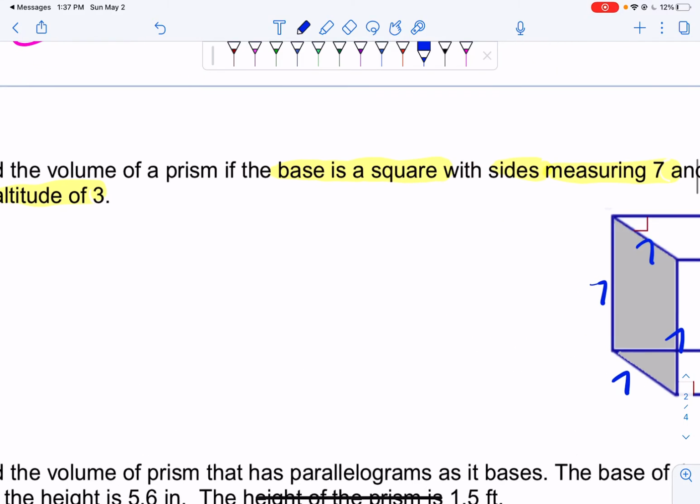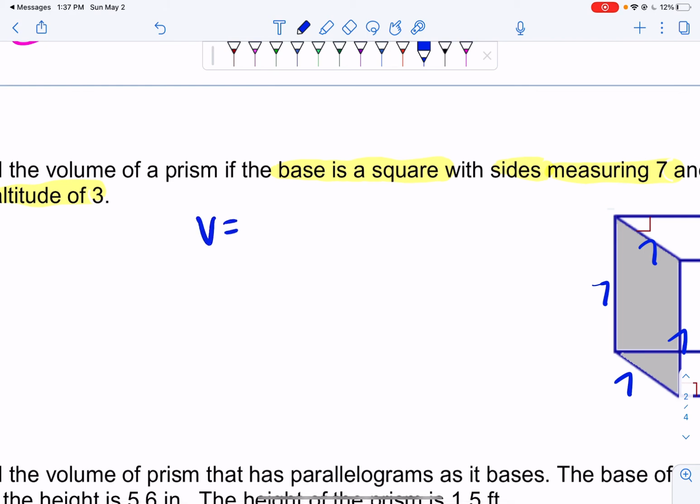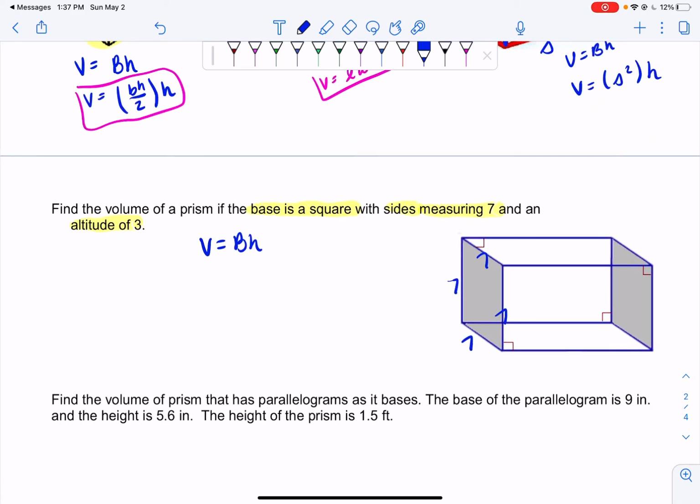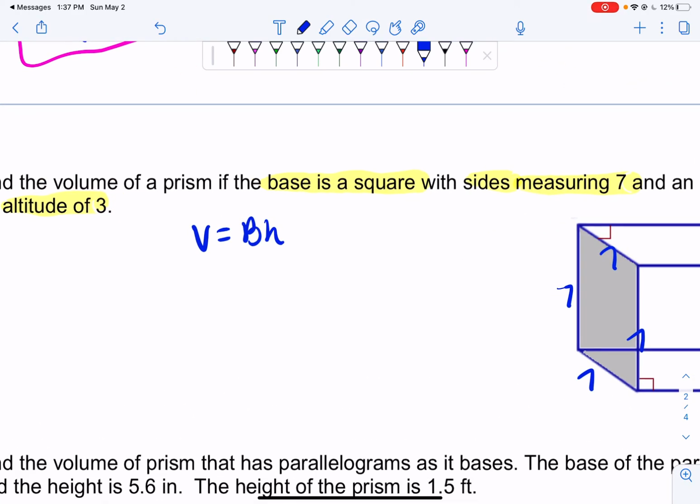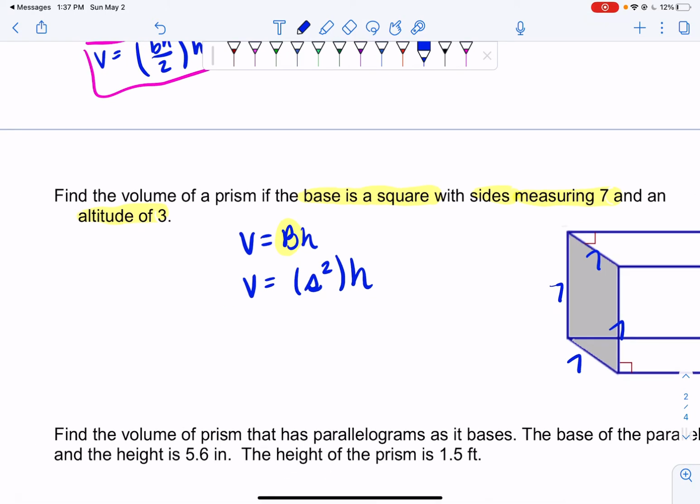And I know my volume formula is equal to BH. And we know that B is the area of our base. So if we know that, we remember that our area formula for a square is side squared. And then I now multiply by my height. If you look, what is the side length of our square?